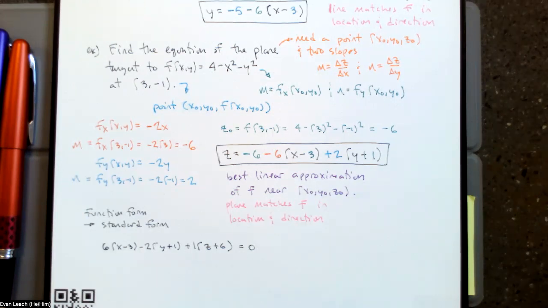Location is still going to be 3, -1, -6. That's still evident in the standard form. But this is just another way to communicate location and direction.